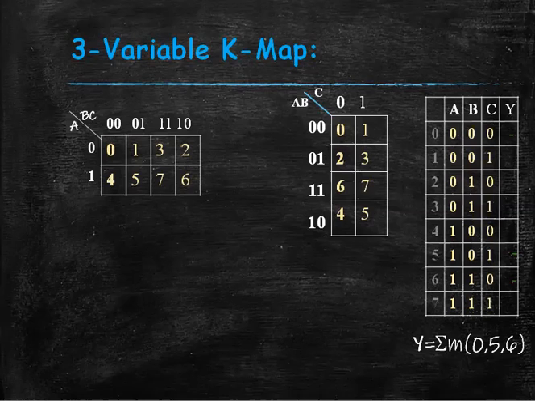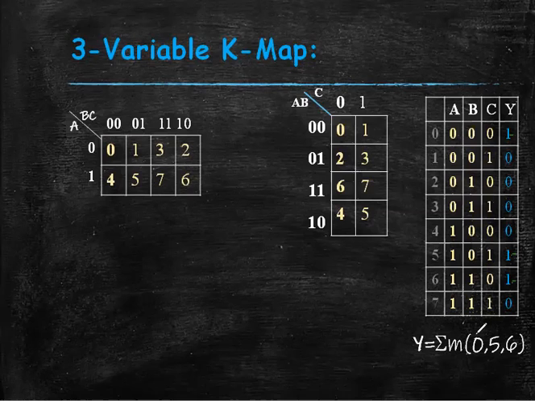Then we put 3 ones. Then the remaining must be zeros. Then it is the truth table corresponding to the SOP 0, 5, 6.